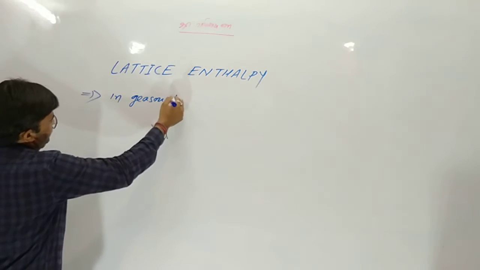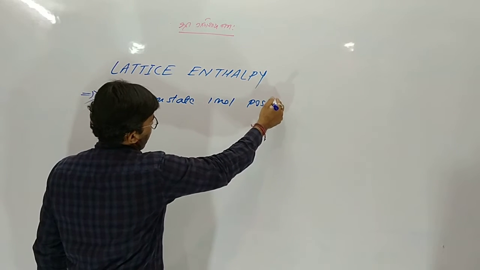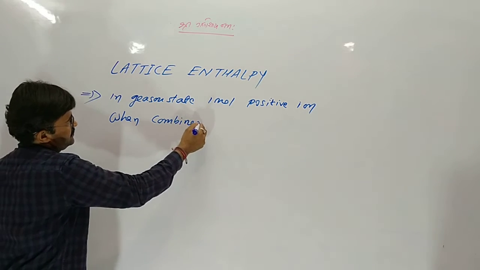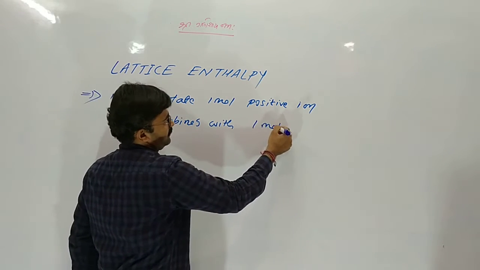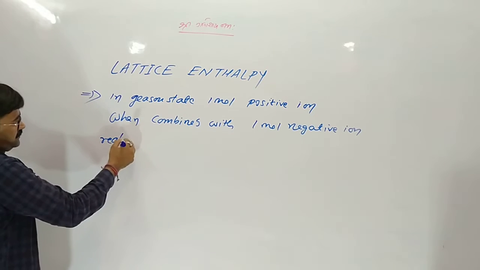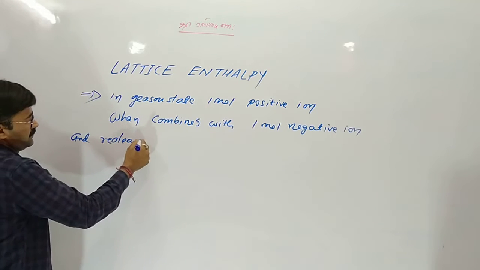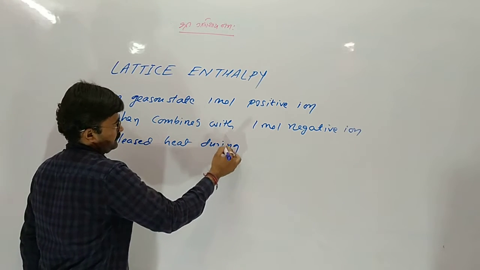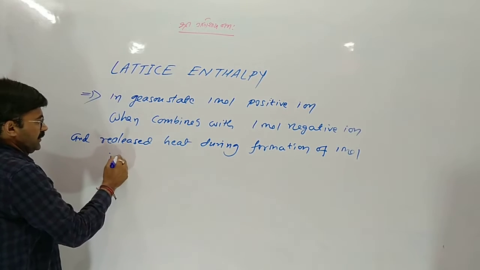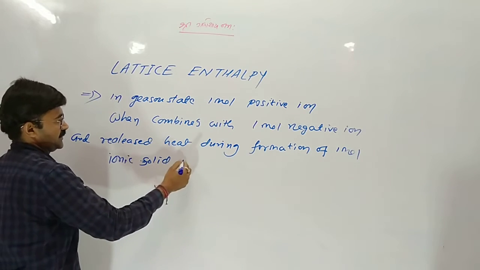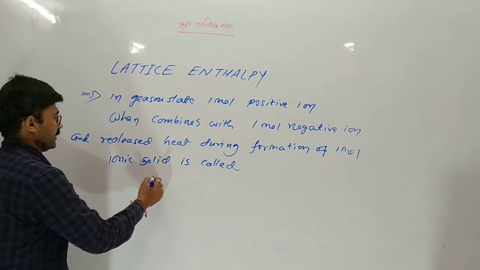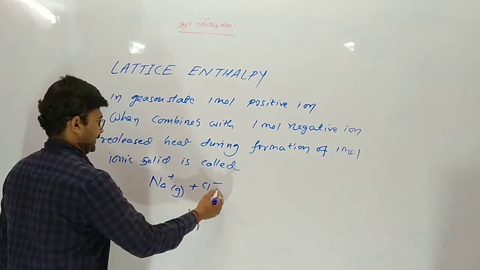In a gaseous state, when 1 mole of positive ion combines with 1 mole of negative ion and heat is released during the formation of 1 mole of ionic solid, it is called lattice enthalpy.